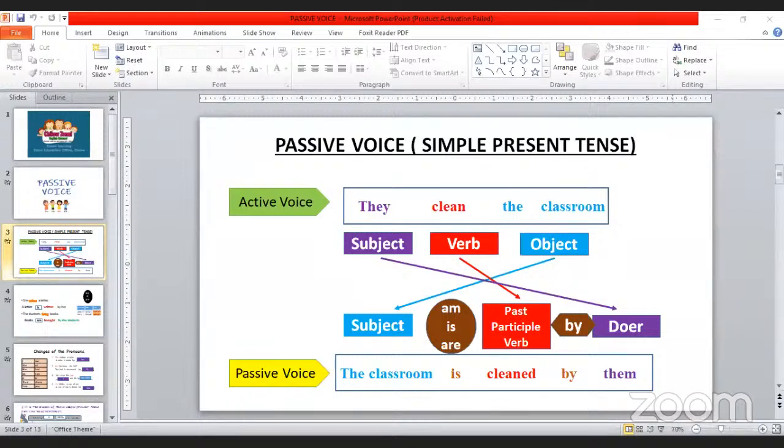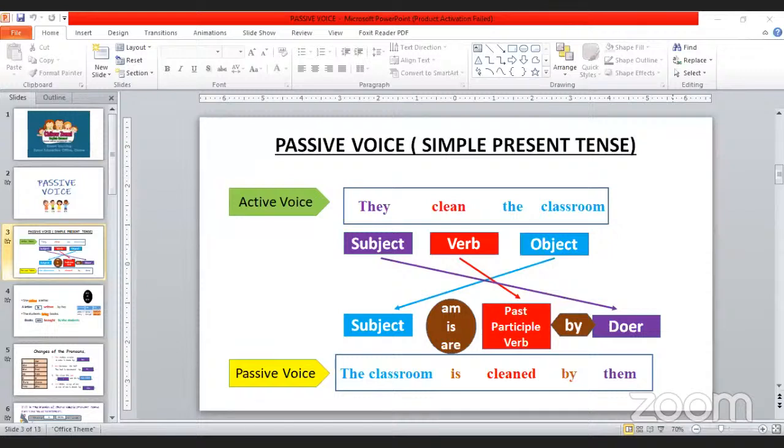The classroom becomes subject. We use is according to the subject because it is a singular noun. Then we change the verb into past participle form of the verb, and then we add by and we change the subject into them. Right. Okay.